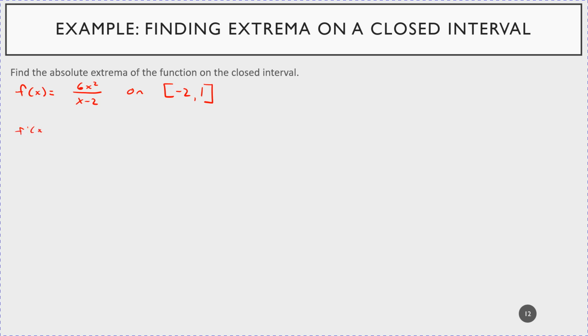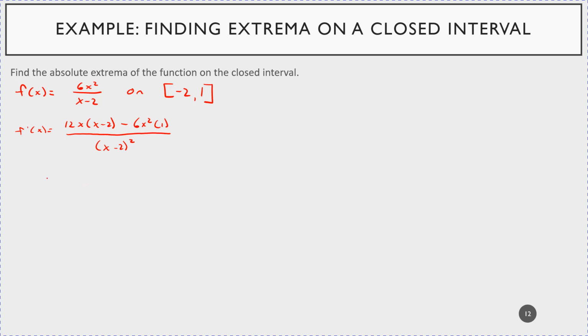So f prime of x. So you take the derivative of the numerator, which ends up being 12x, times the denominator, which is x minus 2, minus the numerator, which is 6x squared, times the derivative of the denominator, which is just 1, all over the denominator squared, which is x minus 2 squared.